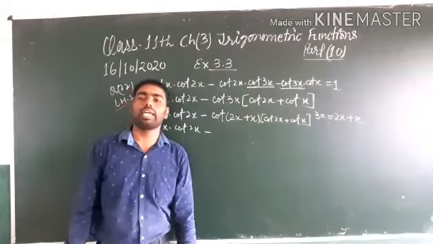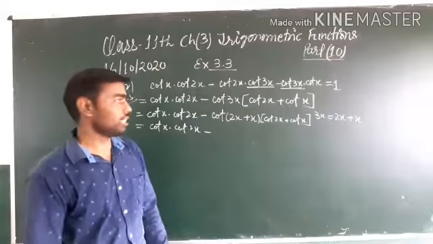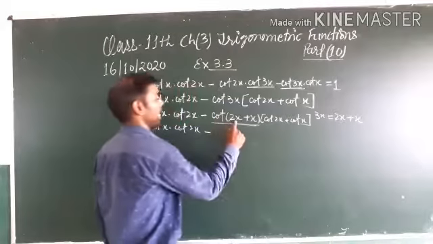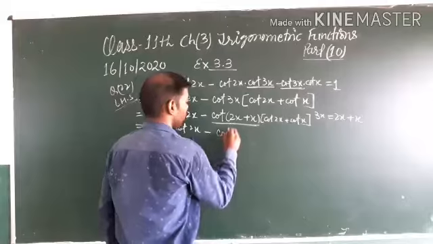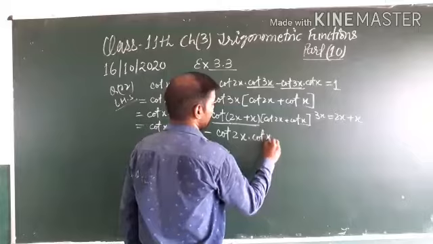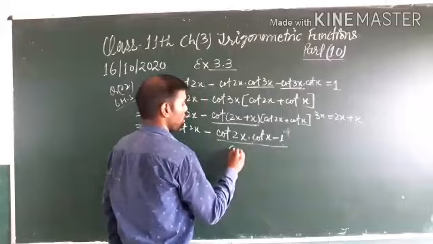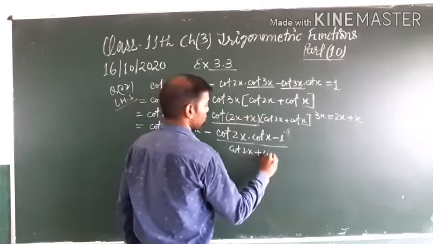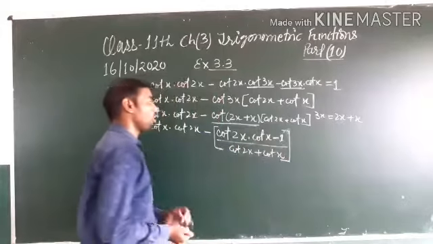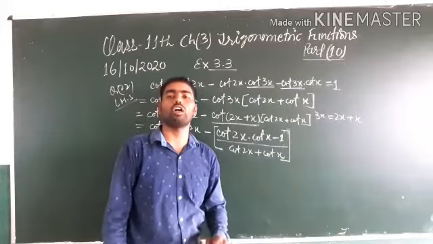The formula is given: cot (x plus y) is equal to (cot x cot y minus 1) upon (cot y plus cot x).